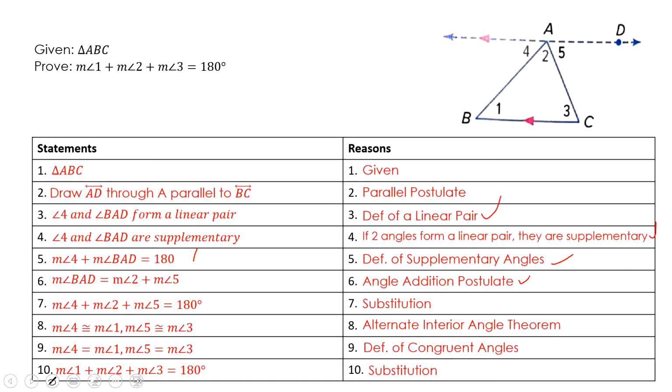We plug 2 plus 5 into our original equation. That's a substitution. We make 4 congruent to 1, and 5 congruent to 3. Again, that was the alternate interior angle theorem we learned last unit. Plug in the stuff there. That's the definition of congruent angles: if the angles are congruent, then their measurements are equal. And then we substitute 1 and 3 back in.